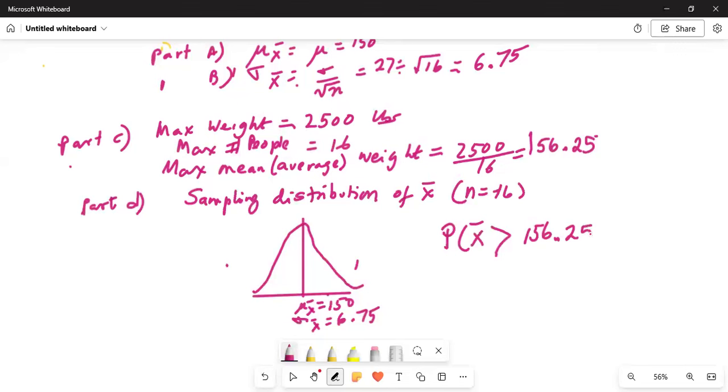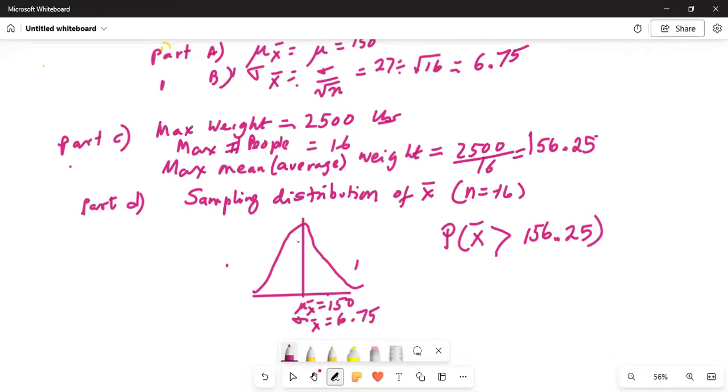So for part D, we want the probability of X bar exceeding 156.25. You understand why? Because our sample size is 16, 156.25 is the average weight, multiplied by 16 people will be just 2,500. If it is any greater, the total weight will exceed the limit of the elevator.